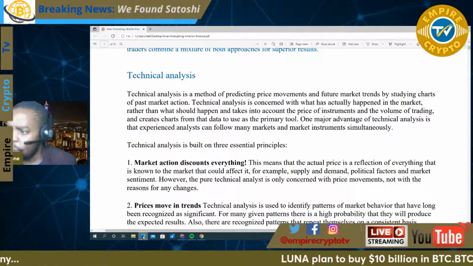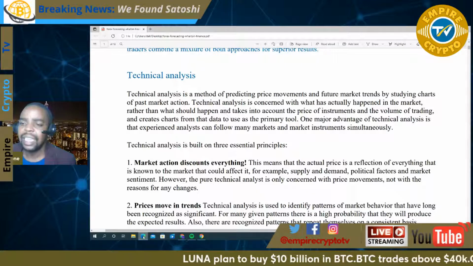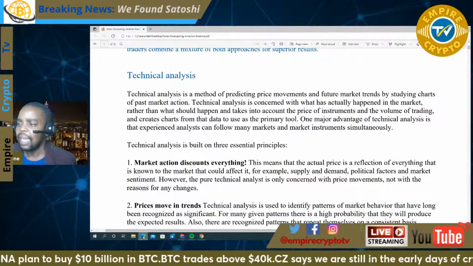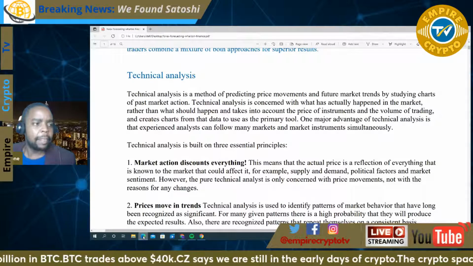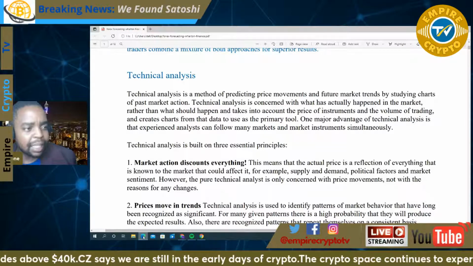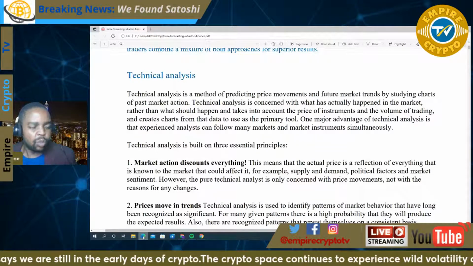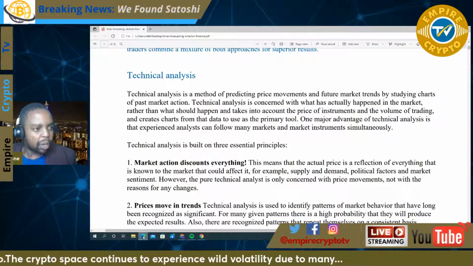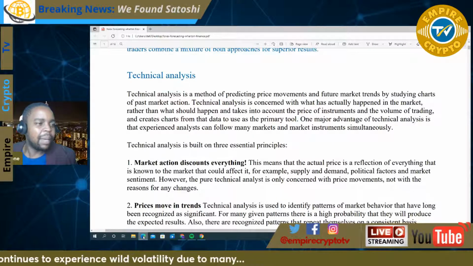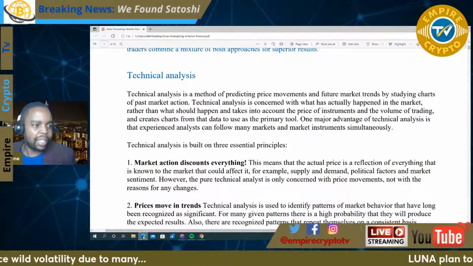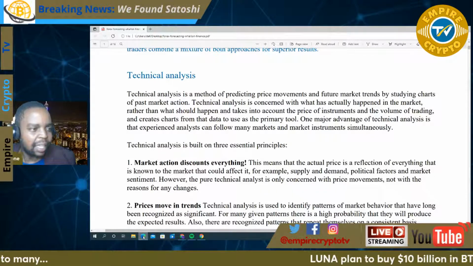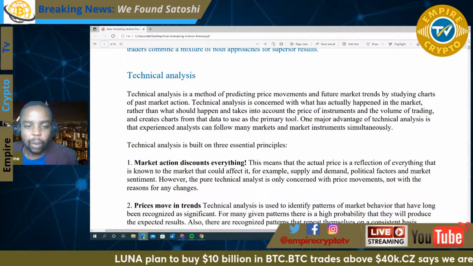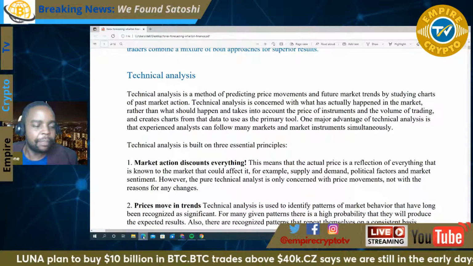One major advantage of technical analysis is that experienced analysts can follow many markets and market instruments simultaneously. In the case of a fundamental analyst, he will look at the news, maybe on Bitcoin, at what's happening in the world of cryptocurrencies, maybe at Ripple, since they've been going through this case, or maybe at Facebook, at the internal political structure within Facebook.